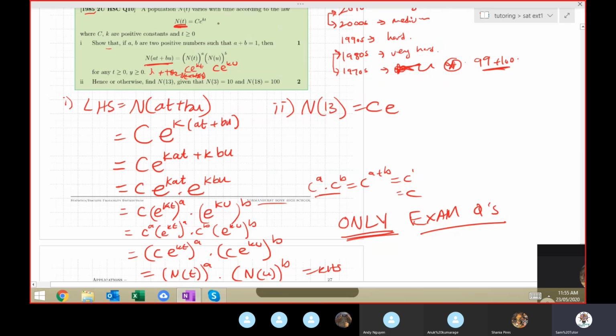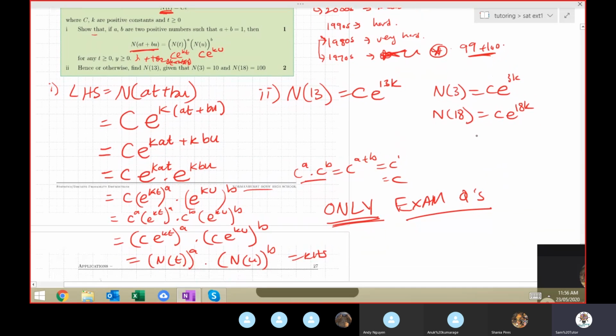T is 13, right? So C E to the 13K. That's what we want to find. Now you know that N of 3 equals C E to the 3K, and you know N of 18 equals C E to the 18K, right?